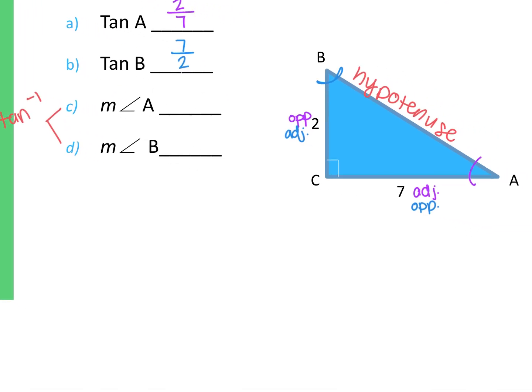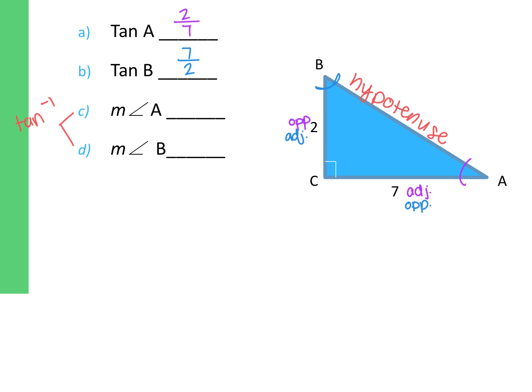So looking at this, I'm going to go ahead and solve for angle A first. So that's going to be my next question. So I'm plugging it into the calculator. My inverse of tan, open parentheses, what's the ratio that I have to plug in? Good. So it's going to be 2/7.